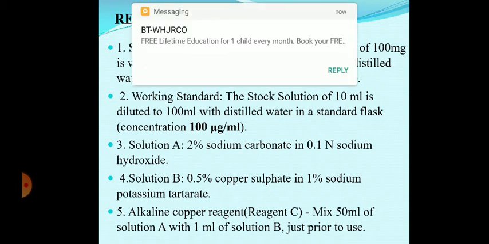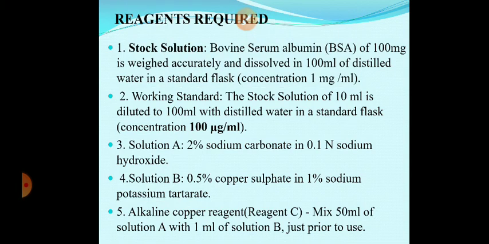For that we need a standard protein solution, and we use bovine serum albumin, BSA. 100 milligram of BSA is dissolved in 100 ml of double distilled water in a standard volumetric flask, so that is 1 mg per ml. Now we dilute it such that the working standard of bovine serum albumin is 100 microgram per ml.